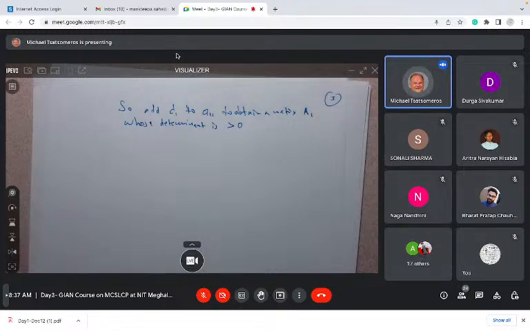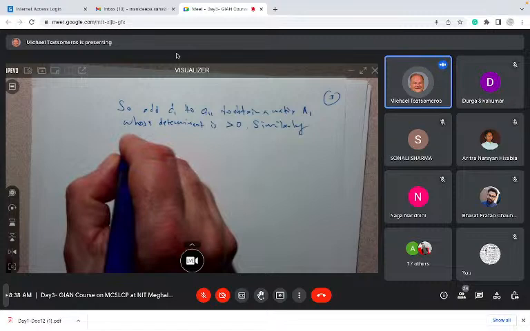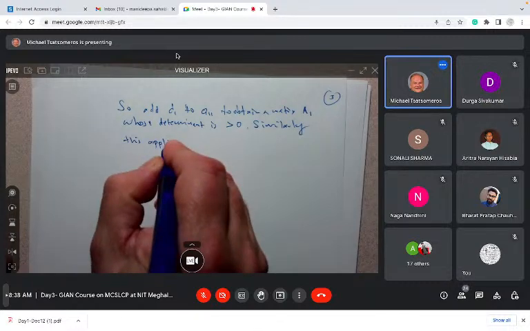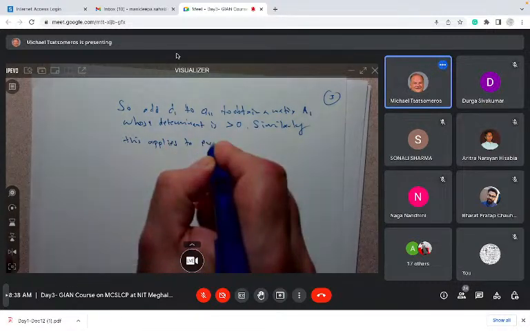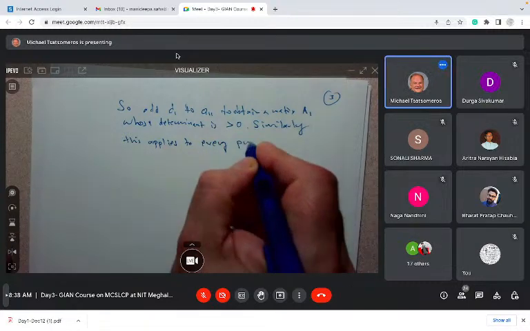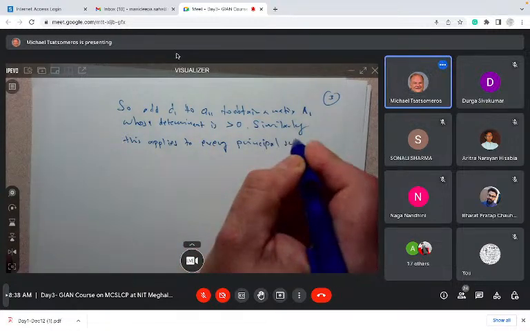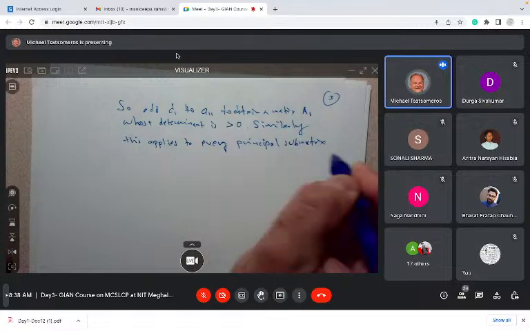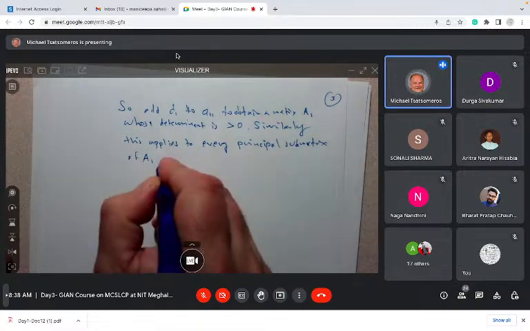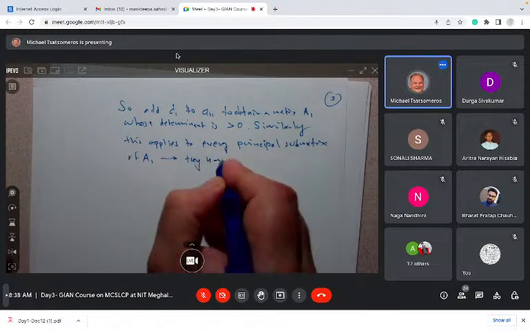So similarly, by expanding, let me write it this way. Similarly, this applies to every principal submatrix of A1, they have positive determinants.